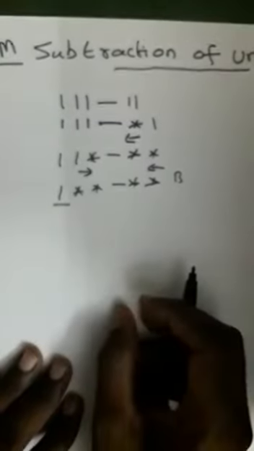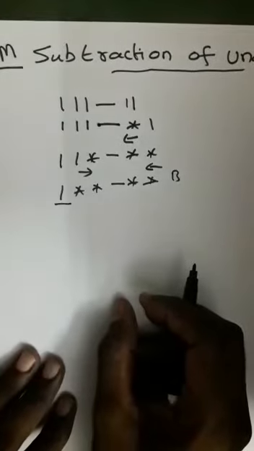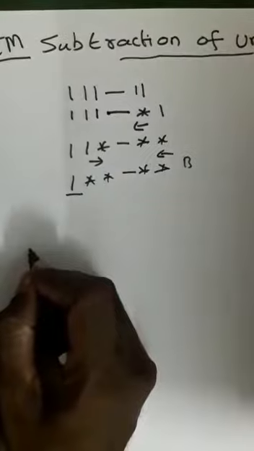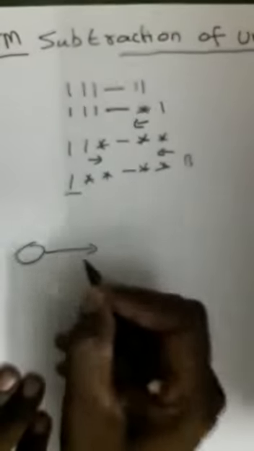So how can we draw a transition diagram for this? Consider first the input is 1. Keep the 1 as it is, move towards right.